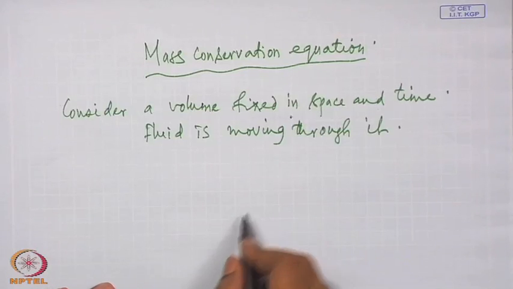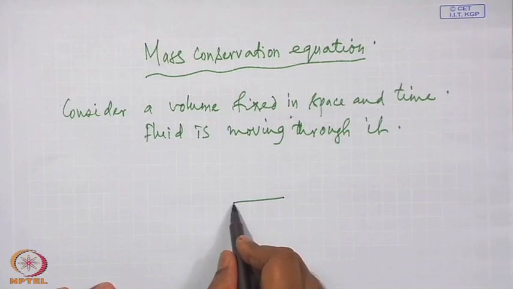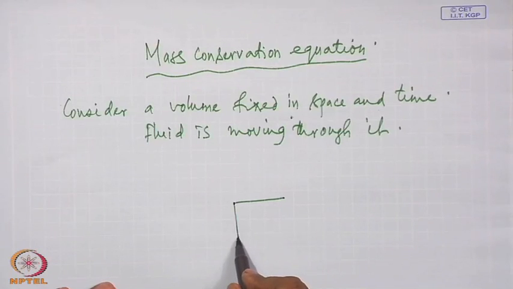That is, you can think of a cube type of volume element, where all faces are parallel to the coordinate planes, or perpendicular to the coordinate planes, both can be said. Let us consider this simple thing first.